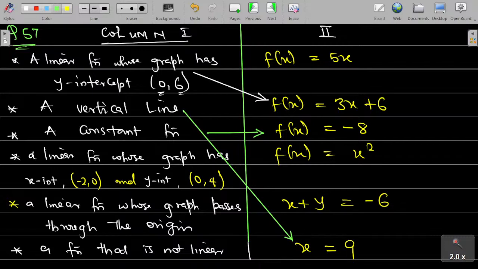Yeah, this one is looking like that. If I put my x as minus 2 here, I'm going to get 0. My y will be 0, but it has to also satisfy this one, such that if you put your x as 0, you should also get 4.